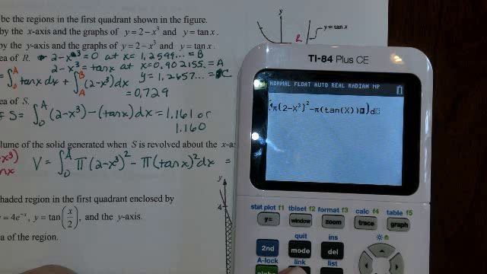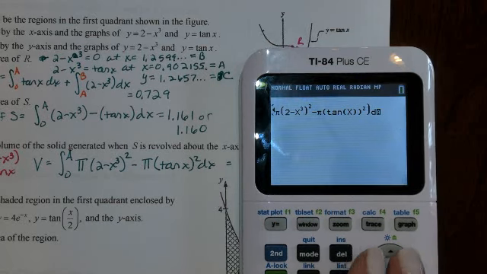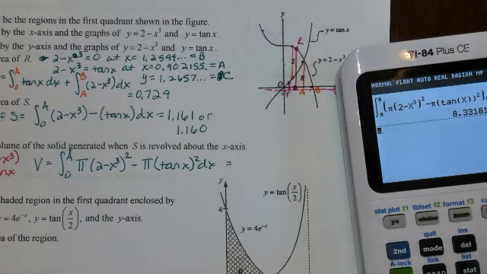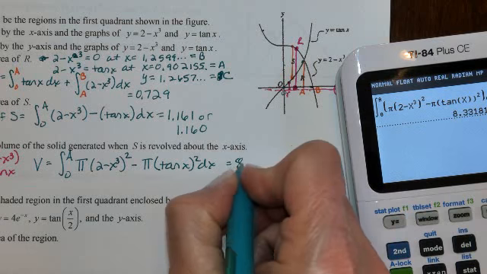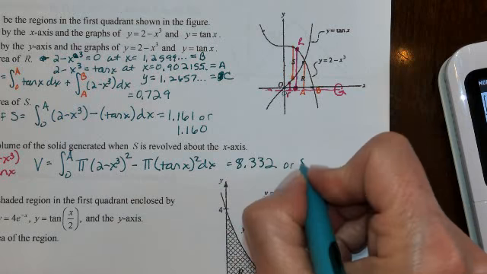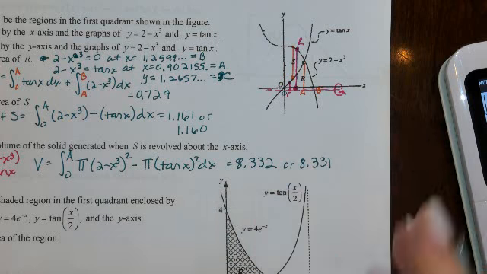My fingers are not wanting to do this right. I should have just done the y2. Anyway, and then dx. And we get 8.331 or 8.332 if we round. So I like to round, so my answer would be 8.332, but AP would also accept 8.331.